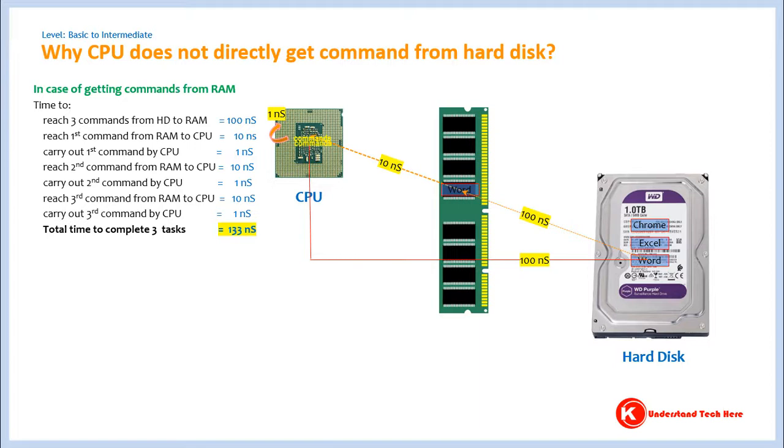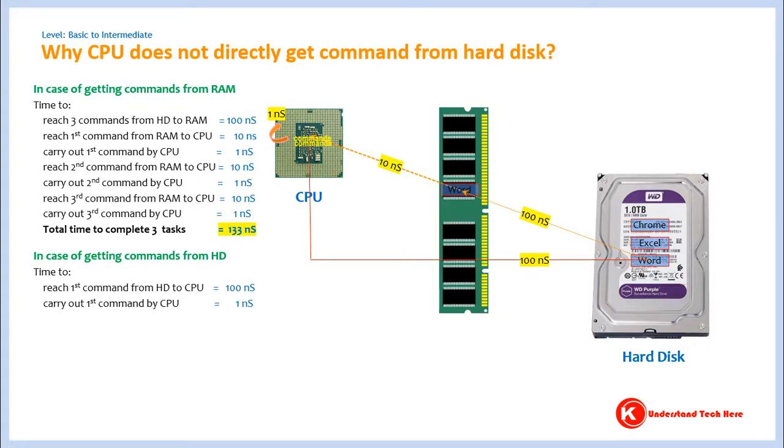Now let's see how much time it takes to carry out 3 commands if the CPU is to directly get commands from hard disks. In case of getting commands from hard disks, time to reach the first command from hard disk to CPU, 100 nanoseconds. Time to carry out the first command by CPU, 1 nanosecond. Time to reach the second command from hard disk to CPU, 100 nanoseconds.